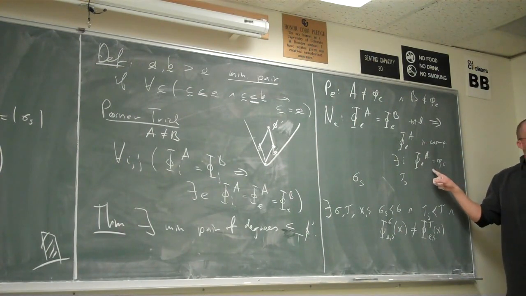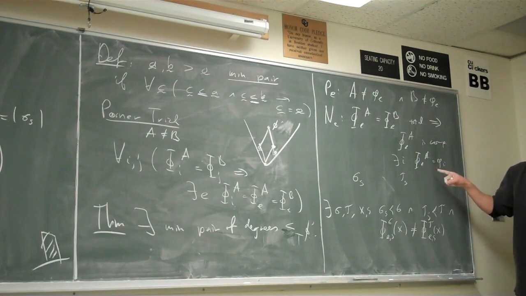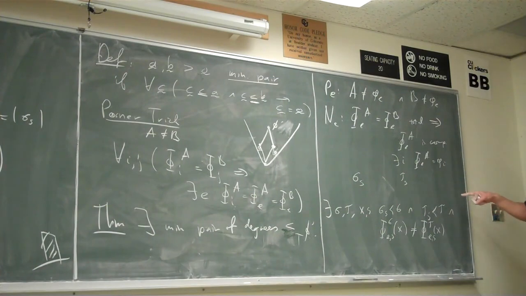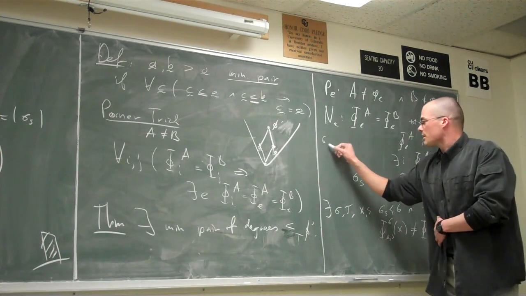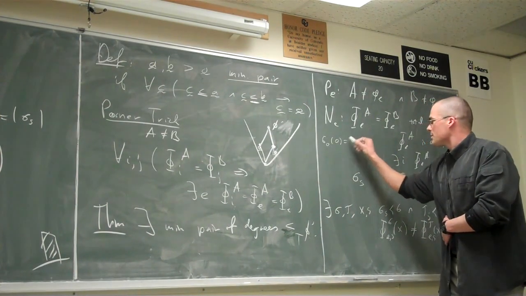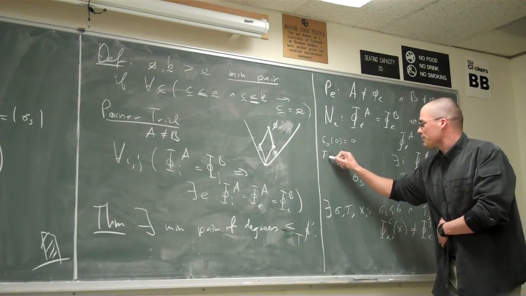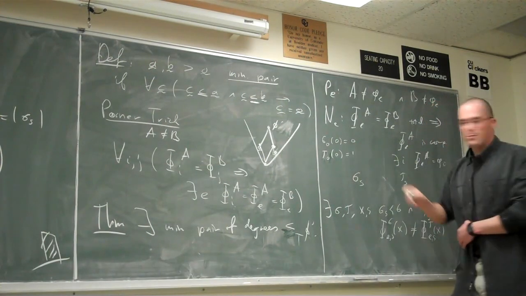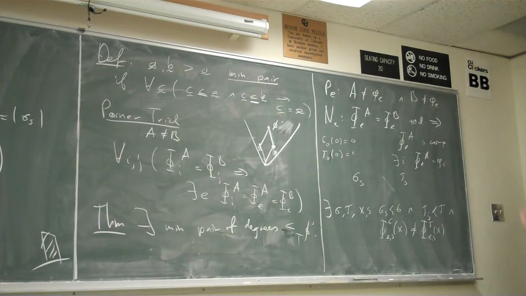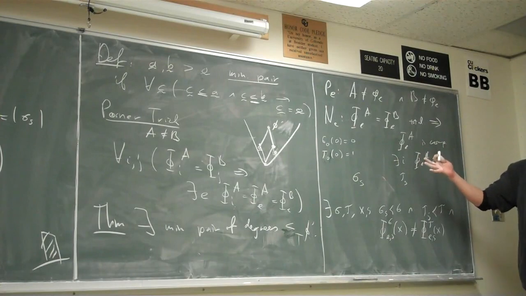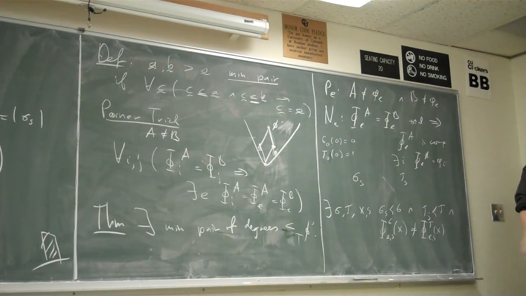You disagree violently? Did we ever specify that sigmas and taus would be different? I mean, could they be initial segments in the same set? Okay, that should be easy to fix. Sigma 0 at 0 is 0 and tau 0 at 0 is 1. In all other cases I've said, I wrote it over there. Here I didn't even talk about initial conditions, but your initial conditions you can pick however you want.